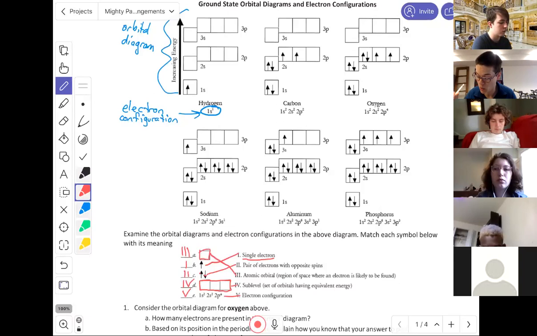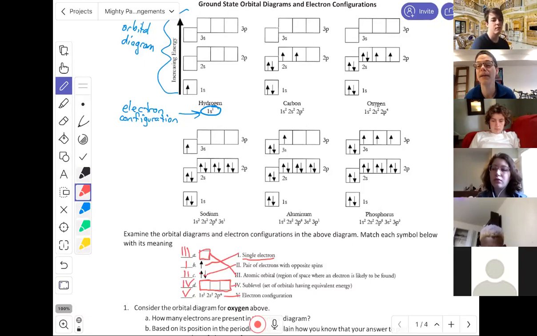But if we're looking at all of this, where are you getting the number of arrows that should be in a diagram if you're looking at an element? From the electron configuration.